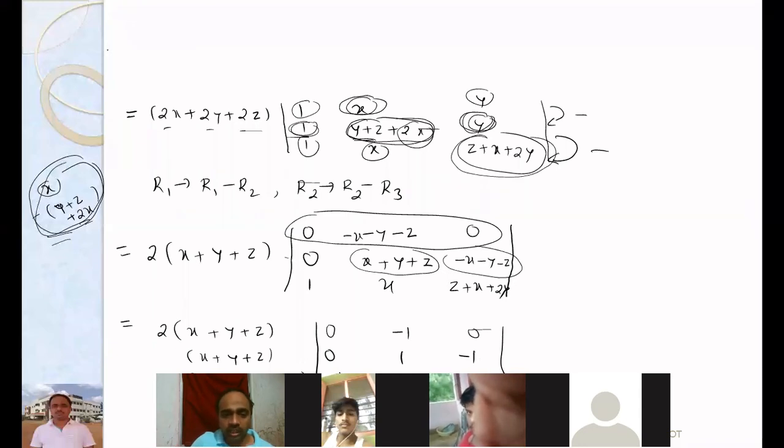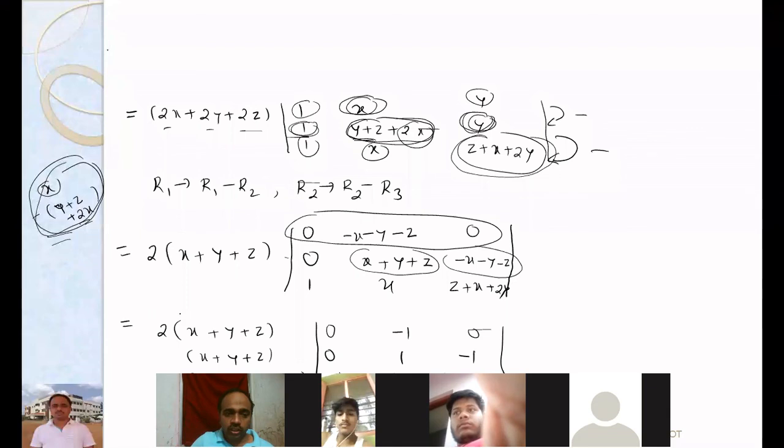And third row, as it is 1, x, z plus x plus 2y. I have taken x plus y plus z common from the second row, and again one more x plus y plus z common from the third row.